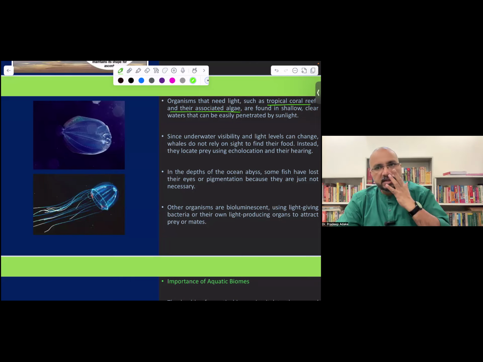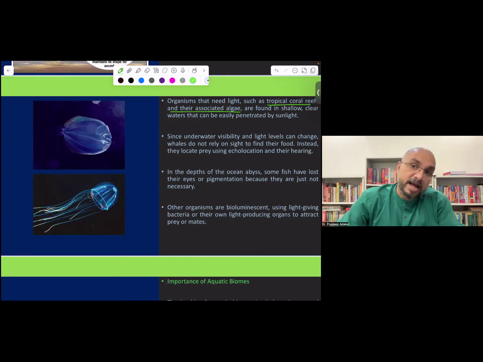Corals are anthozoans. These are animals which have a mutualistic association with algae. These algae require sunlight. That is why corals cannot survive in deep water, because sunlight will not be able to penetrate. So they live in the shallow waters near the equator where the temperature is also ambient.